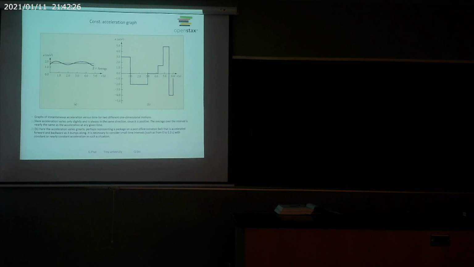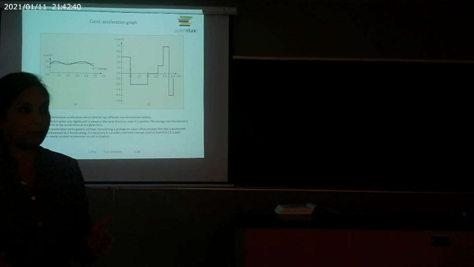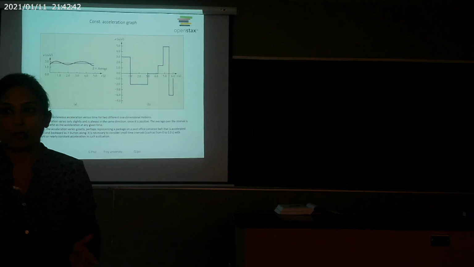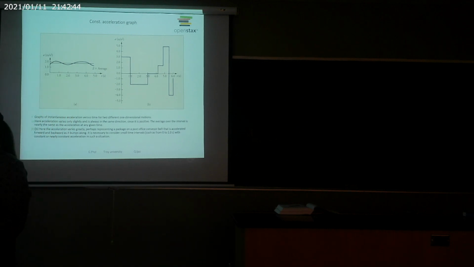We can do the same for the other plot. The acceleration varies up and down between 3 and minus 2, but the average acceleration can be calculated over a short time interval. But over a large interval, if the acceleration has been changing a lot, then it is not possible to treat it as a constant value. Then we will have to integrate it, use calculus, in order to find out.